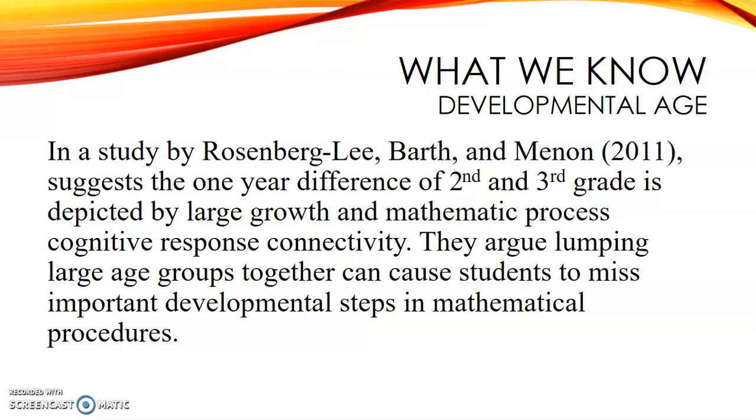There is a huge difference between that age group when you're teaching them mathematics. Some students really get the procedures, some miss that conductivity because they may be younger and not quite understand the steps. We need to look into that farther.